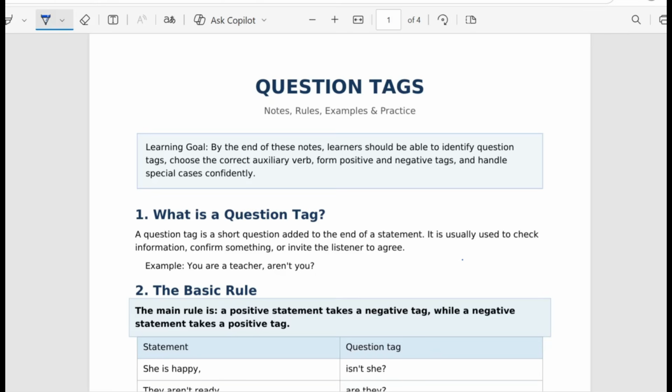What is a question tag? A question tag is a short question added to the end of a statement.